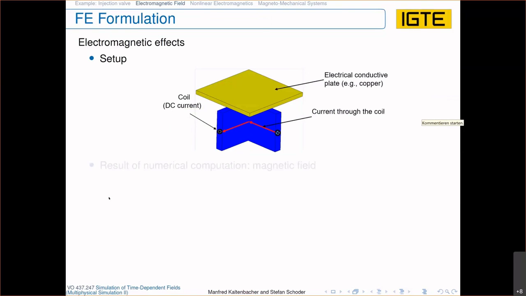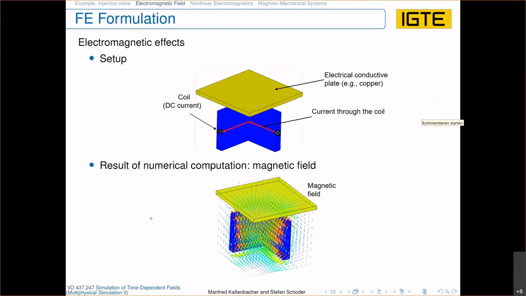If you do this, the result will be as follows. Since the copper has a magnetic permeability which is more or less the same as air, you will have a solution which you would also get when you do not consider this electric conductive copper plate.